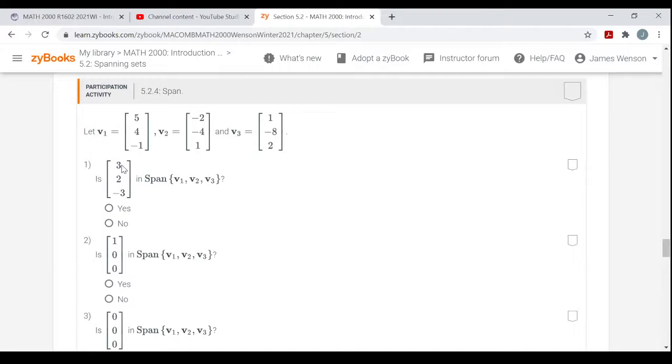Is the vector 3, 2, negative 3 in the span of these three vectors? Basically, that's the same question as: is this vector a linear combination of these three? Because remember, in the definition earlier, the span of a set of vectors is the set of all linear combinations of those vectors.